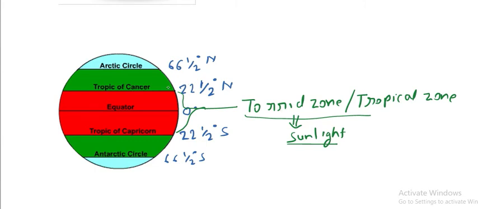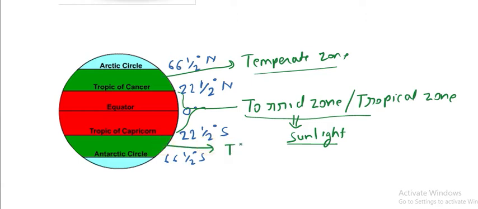Moving further, beyond the Tropic of Cancer and Capricorn, the region is called the temperate zone, and similarly this one is also a temperate zone. As we move away from the equator towards the poles, the temperature decreases.